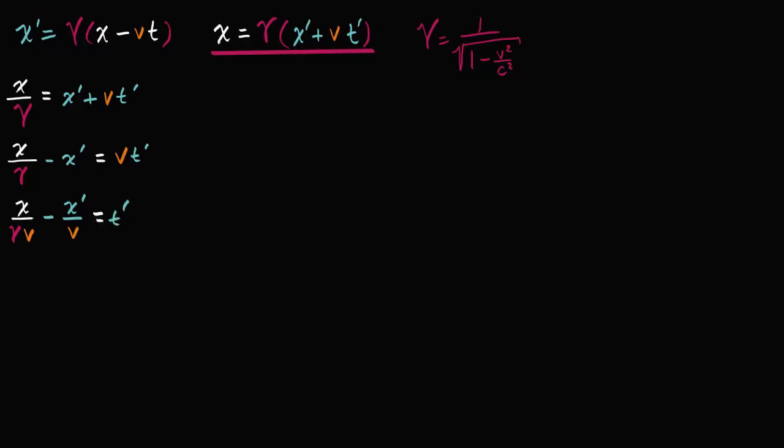So now we'll do what I said before. We've solved for t prime in terms of now gamma v, x, and x prime. But now we can take that x prime and replace it with gamma and all of this business right over here. So let's do that.